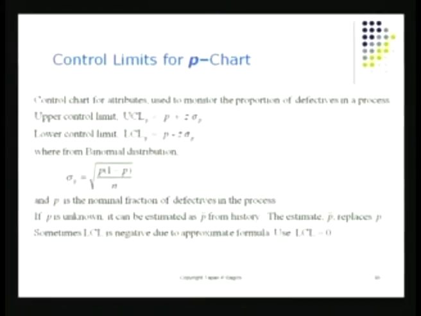And the same thing we do on the lower side also. So, we've got a lower control limit on the P chart, and that will be P minus Z times sigma P. How do I find this Z again?